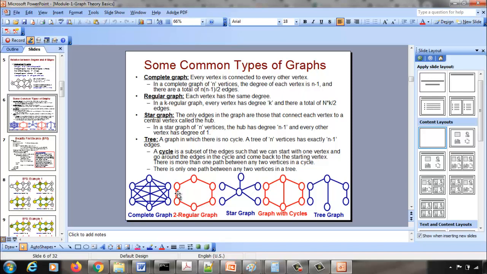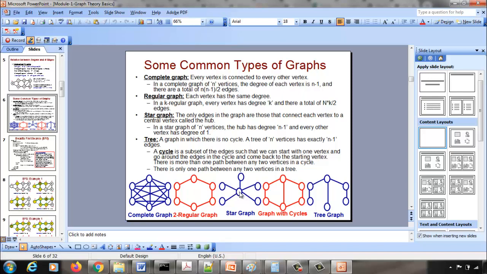So in this case each vertex has degree 2, so we call it a 2 regular graph. In general, if each vertex has degree k, then you could call the graph a k regular graph. Now a graph is called a star graph if you have one vertex, called the hub, which is connected to every other vertex, and those are the only edges in the graph.